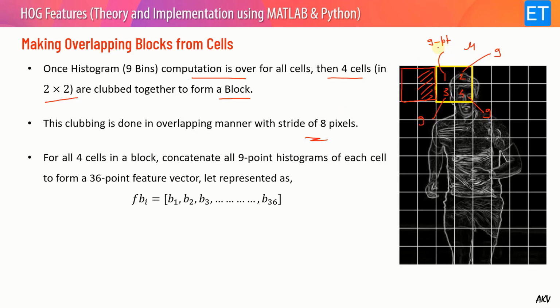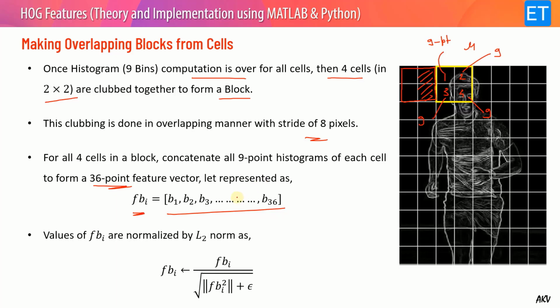So 9 plus 9 plus 9 plus 9, a total 36 point feature vector will be calculated for each block simply by concatenating all these 4 histograms, like this, from B1 to B36. So this is one feature vector corresponding to one block. Its length is 36.